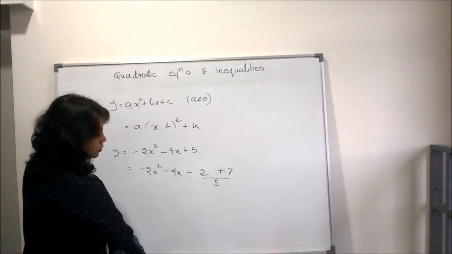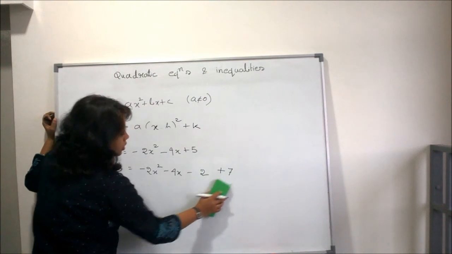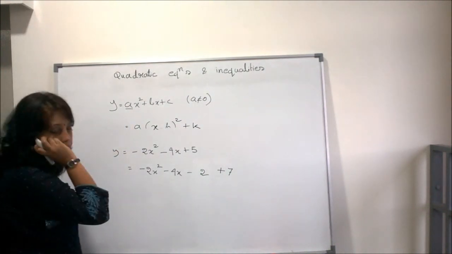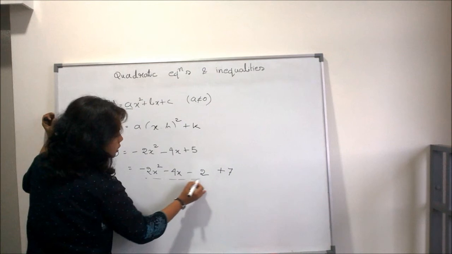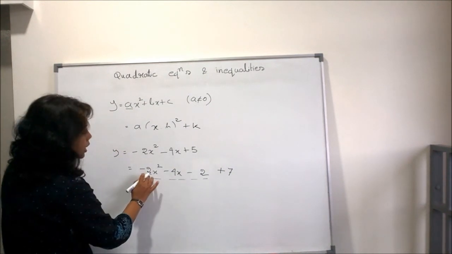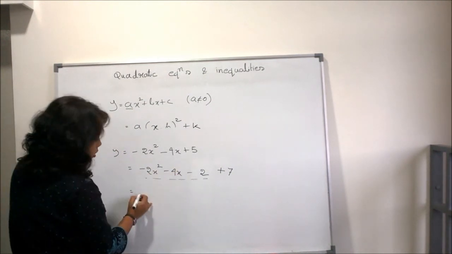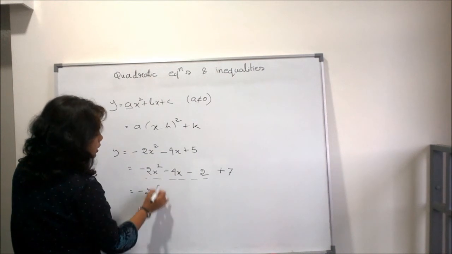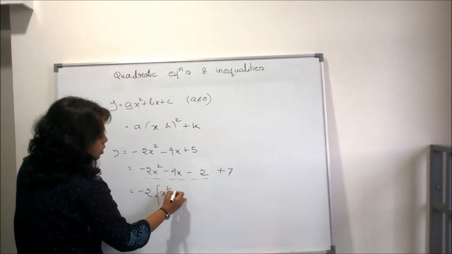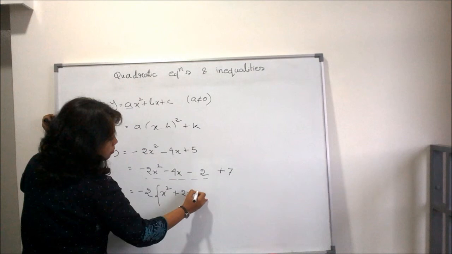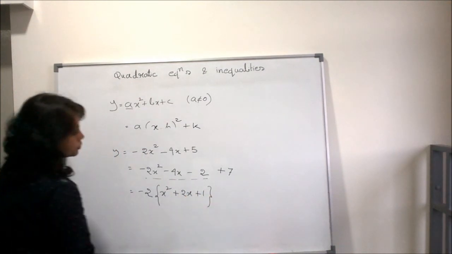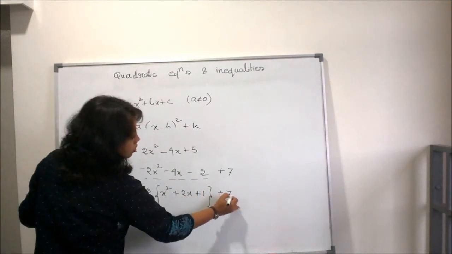Now look at this. If we consider this portion, we are taking minus 2 outside. So minus 2. What is left? x square plus 2x plus 1, and plus 7 outside.